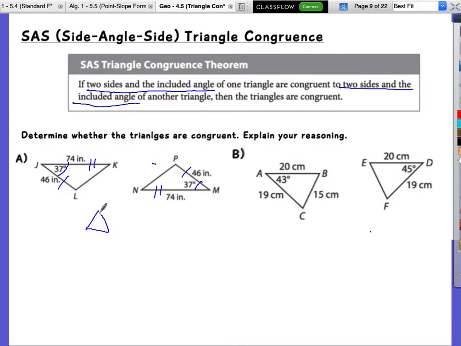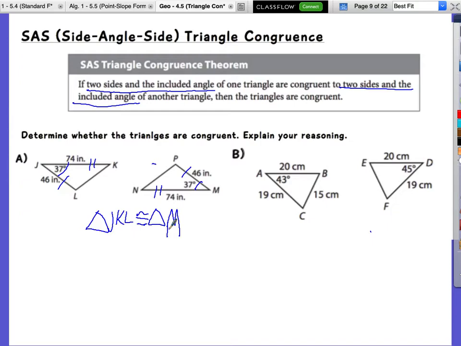So we can say triangle what is congruent to triangle what? I'm going to put you on the spot here, Jordan. Okay, is congruent to triangle... I agree with the M. Let's look where it goes.